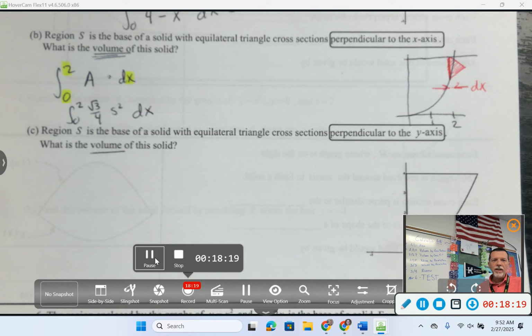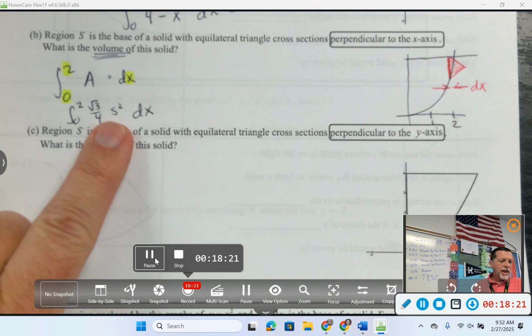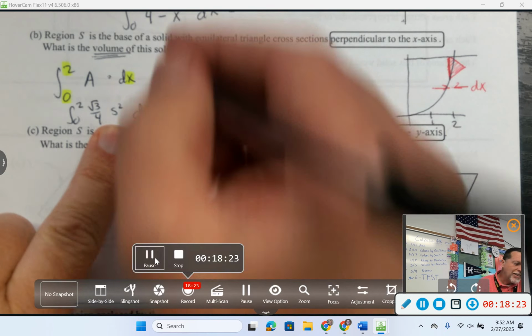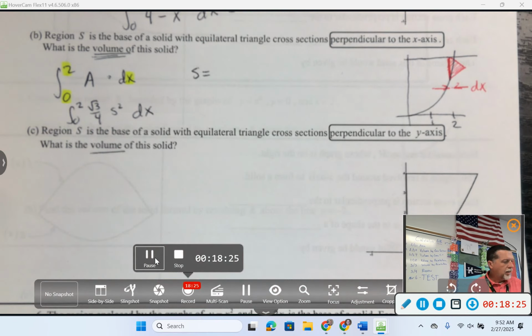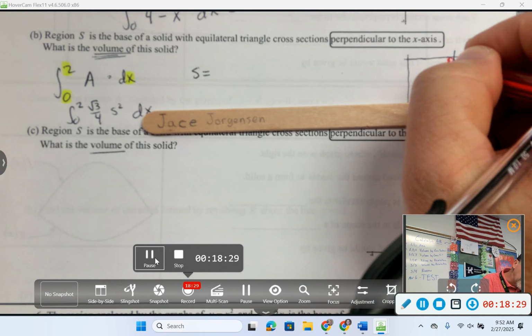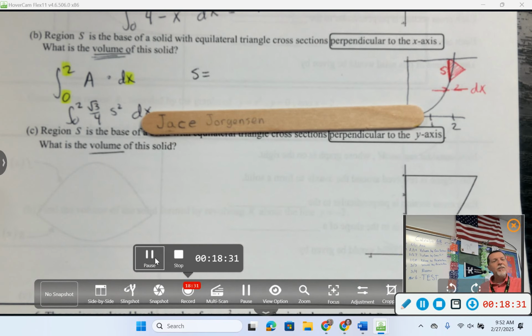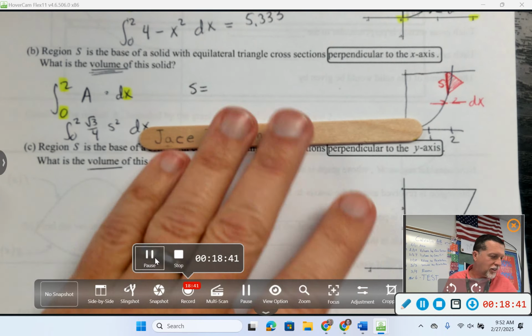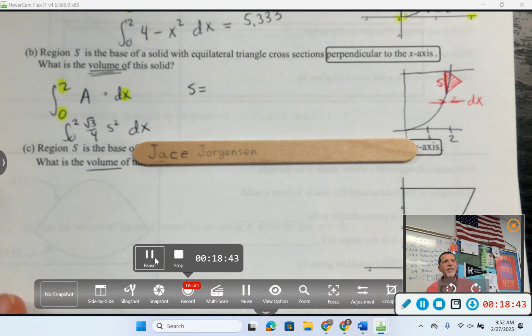Root 3 over 4 s squared. But I can't put that in the calculator because I don't know what s is yet. So, Jace, there's s, like the side length I'm talking about, but what is s? How long is s? And you can give me a generic answer to that, or you can give me a specific to this problem answer to that.